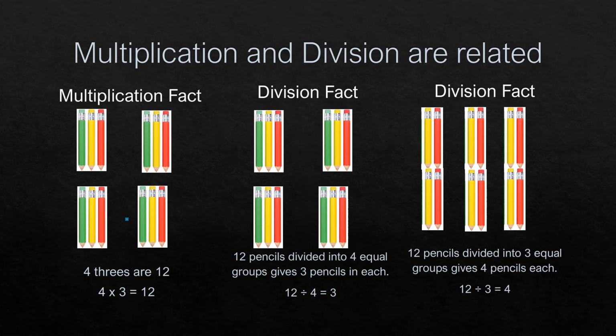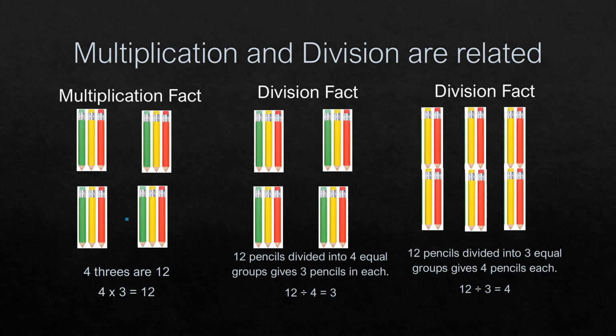In division facts, 12 pencils are there. 12 pencils divided into 4 equal groups. In multiplication, 4 groups are there and each group has 3 pencils. So 4 threes are 12. Total pencils are 12.